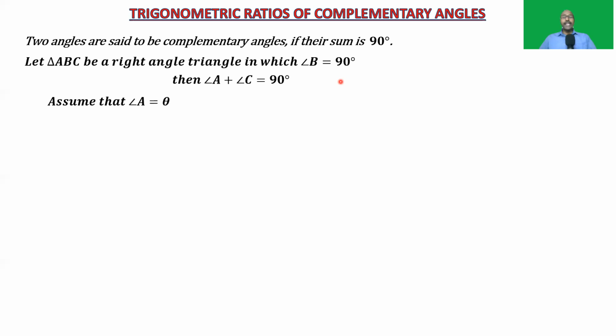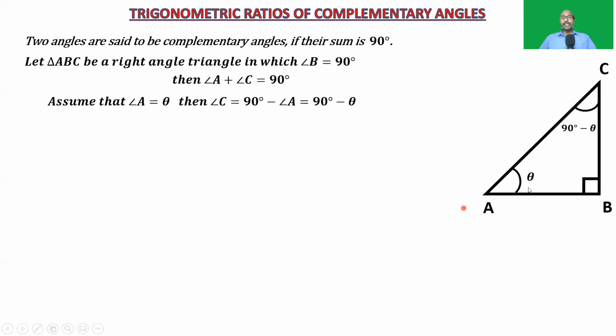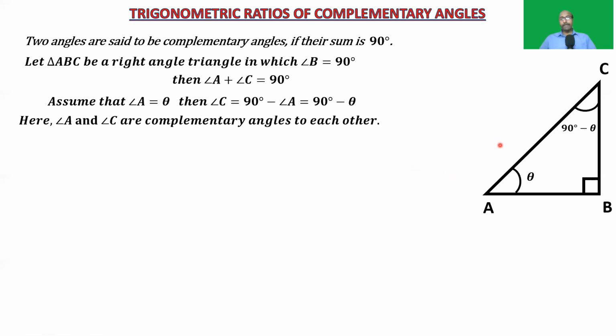Assume that angle A is theta. Then angle C is 90 degrees minus angle A, that is 90 degrees minus theta. So theta and 90 minus theta are complementary angles of each other. That is, angle A and angle C are complementary angles of each other.